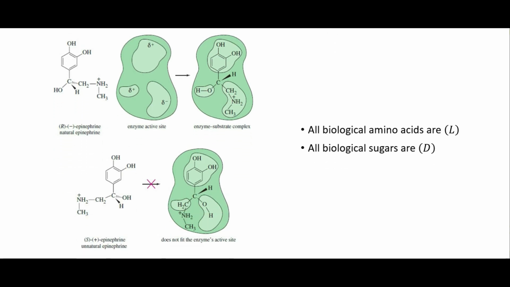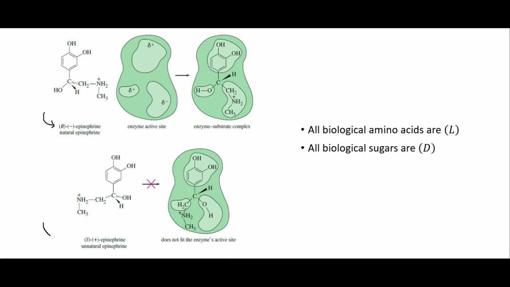And so yeah, this is what I was mentioning earlier. So enzymes and receptors and things like that in biology are all going to be specific for a certain enantiomer. And so this example here shows this R epinephrine, which is the natural epinephrine. So it's R in the RS convention, and that's negative in the negative positive / DL system.